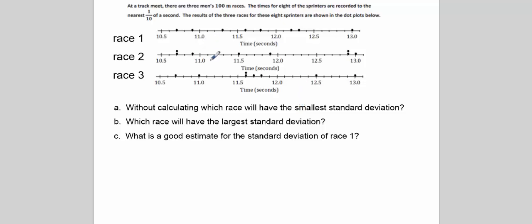The average is going to be somewhere in the middle. You know that each of these races has a low of roughly 10.7, a high of 13, and these appear to be almost symmetric around that average somewhere in the middle of those two, which is probably about 11.7ish maybe, say right around here.